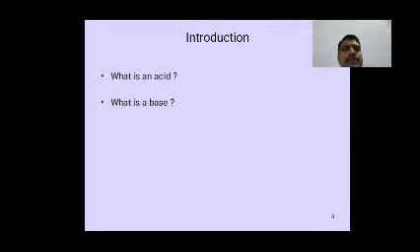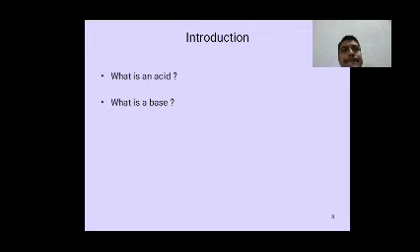The substance which produces H+ ions in aqueous solution is called an acid. What is a base? The substance which dissociates in aqueous solution to produce OH- ions is called a base. Acids, for example, are HCl, H2SO4, HNO3, and so on.